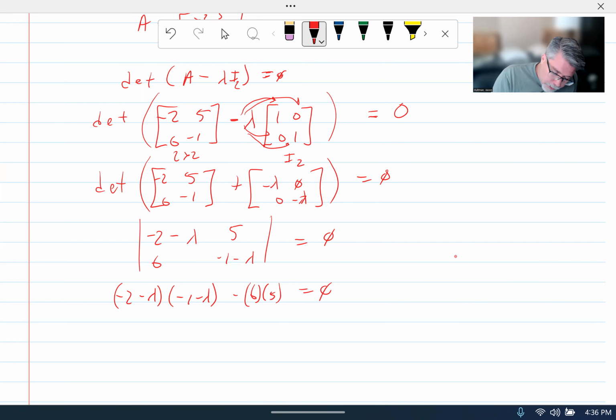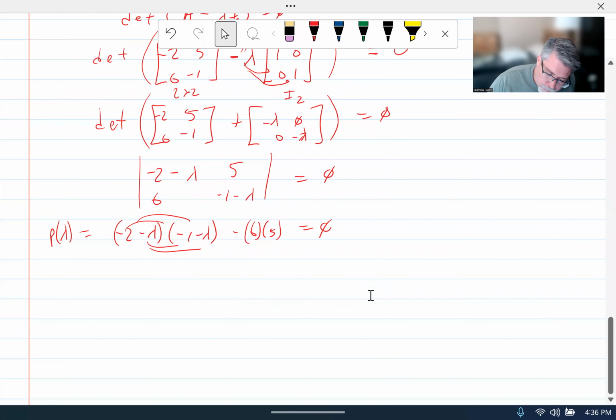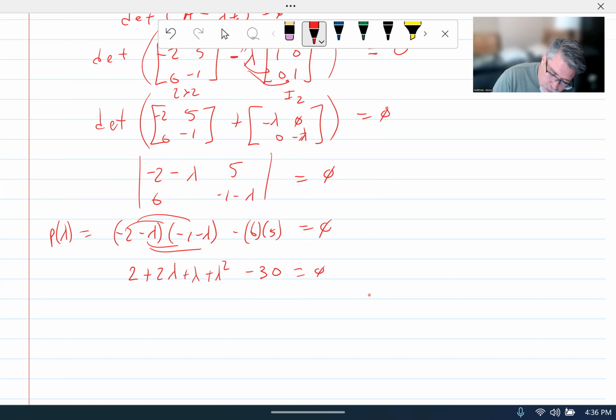So this is P of lambda, the characteristic polynomial. And if I set it equal to 0, it's called the characteristic equation. Okay, so let me distribute this and we'll solve for lambda. I'm going to get 2 plus 2 lambda plus 1 lambda plus lambda squared minus 30 is equal to 0.